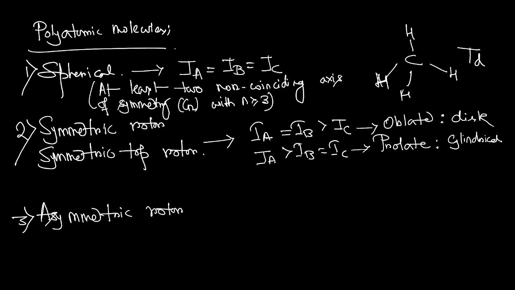These are the two different classes where one Cn axis is there with n greater than or equal to 3.